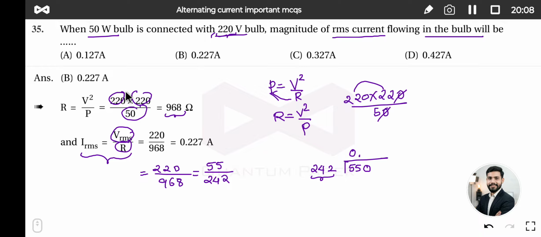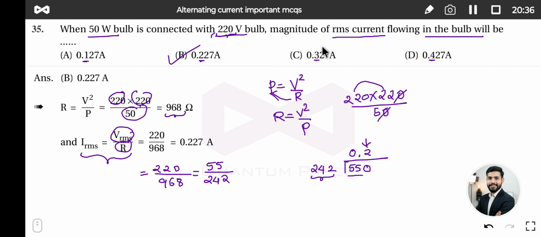We don't have to solve this full thing. If you look at the options after the decimal, the first option is 1, here it is 2, here it is 3, here it is 4. Which digit will come, that is important, only that you have to see. So 242 into 2, if you do, we will get 484, which is nearby this. That means the first digit is 2. So our correct answer is B. No need to solve anything else.